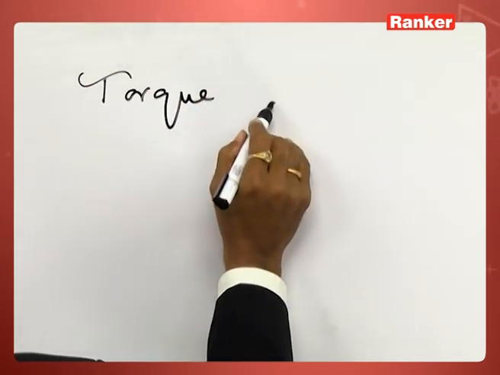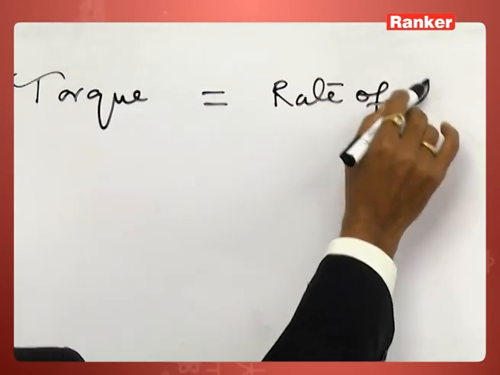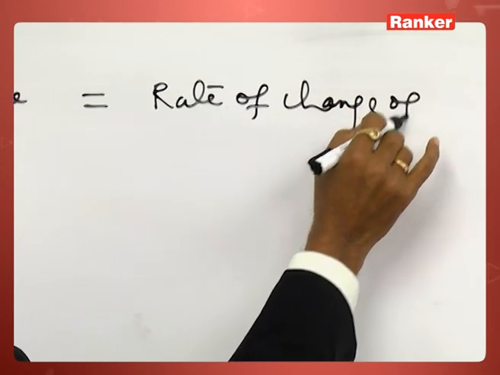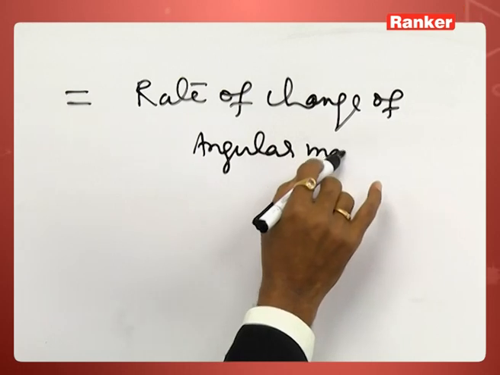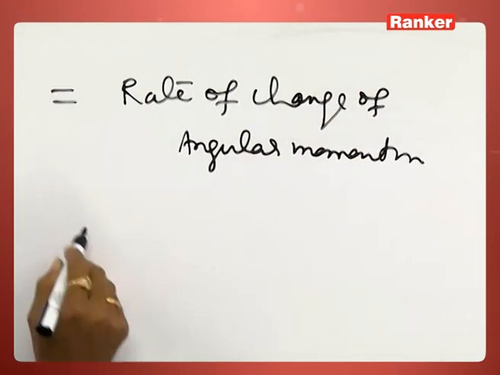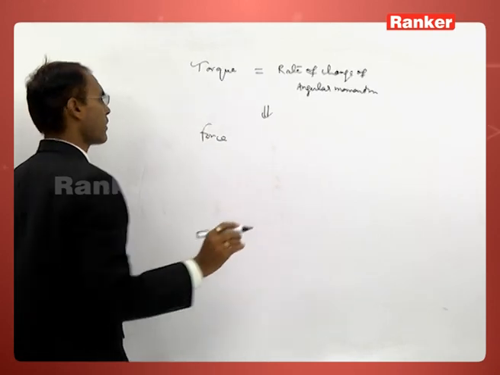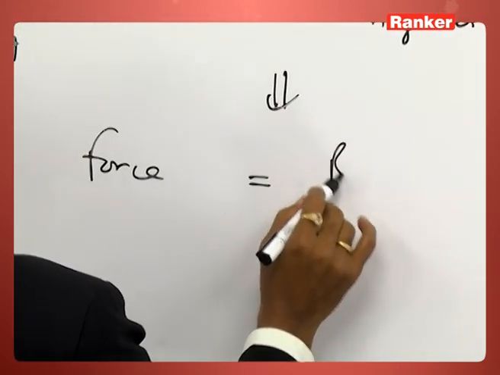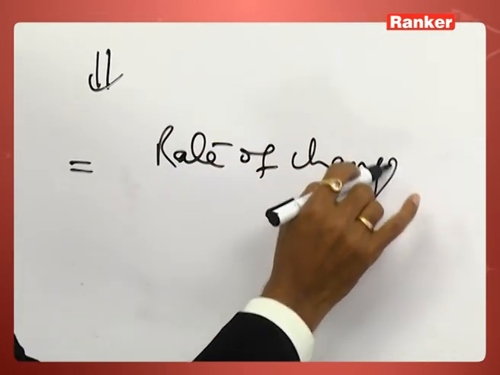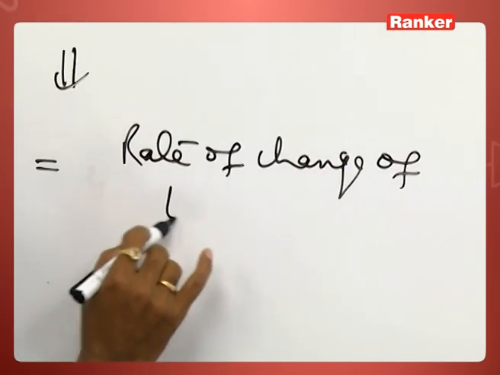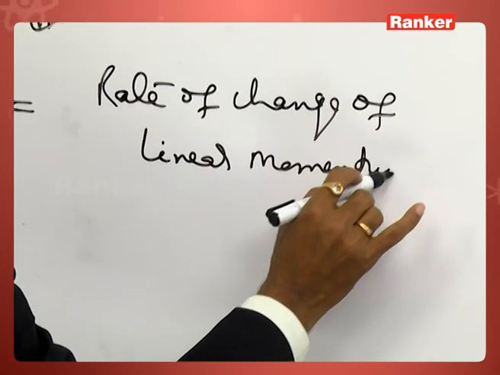Torque is equal to rate of change of angular momentum. It is equivalent to the case of the linear analog. Force is equal to rate of change of linear momentum.